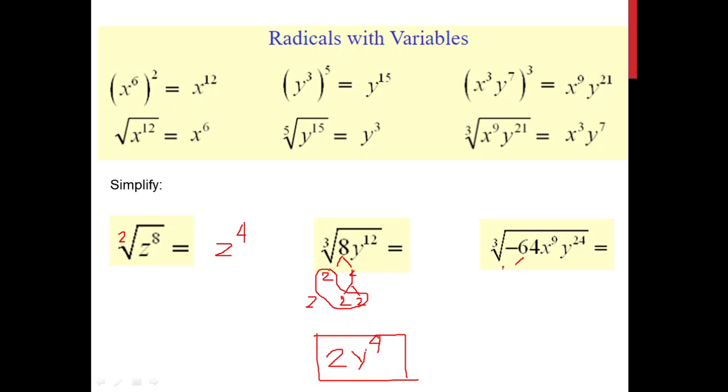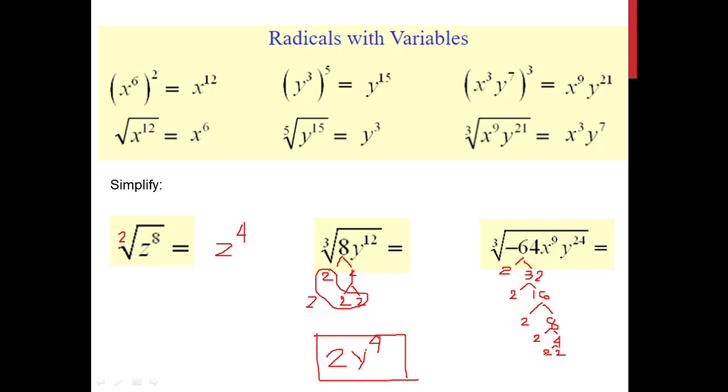So we have here divided by 2. 64 divided by 2 will give you 32. 32 divided by 2 will give you 16. 16 divided by 2 gives you 8. 8 divided by 2 gives you 4. 4 divided by 2 gives you 2.